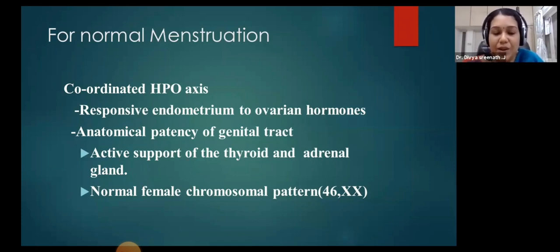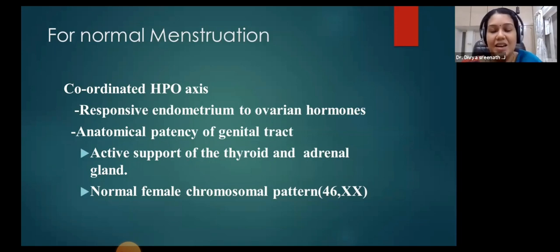Also, for the menstruation to flow out properly, the genital tract should be open. In some cases, there may be an abnormality or congenital defect in development. The vagina is formed from two parts: the upper two-thirds from the Mullerian duct, and the lower portion from a tubercle.